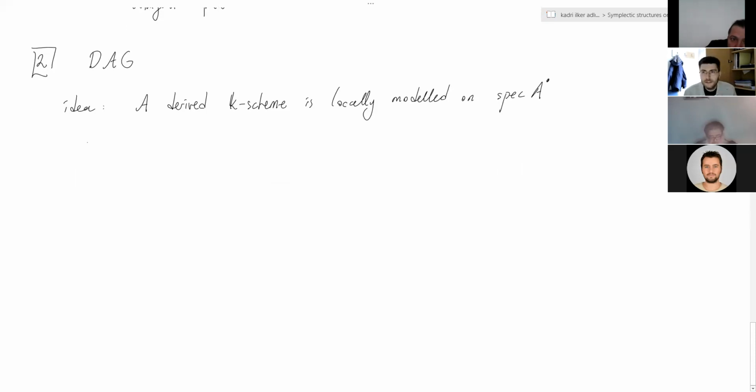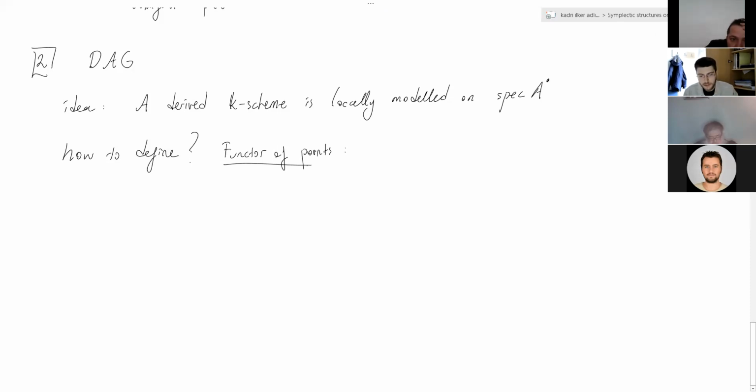But remember, how to define it in general is another story. There are many details, but we use the functorial approach, the functor of points approach.